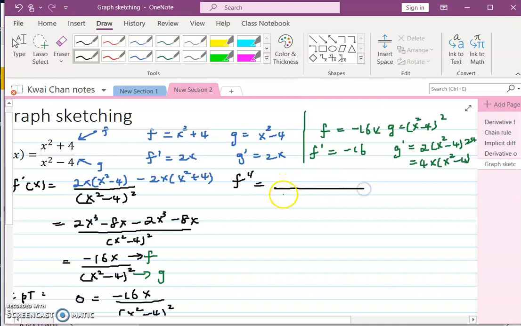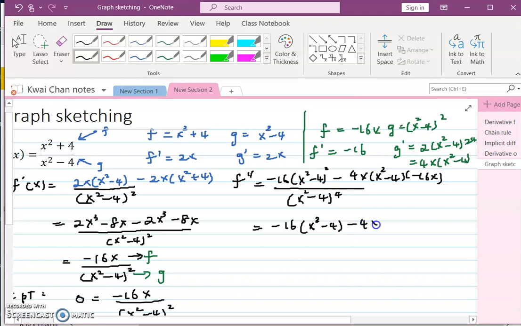Okay, so f double prime would be, let's do f prime g minus f g prime. In the worksheet, I actually give you this, the (x squared minus 4) to the 4th power in the denominator, and then f prime g will be negative 16 (x squared minus 4) squared, minus f g prime, which is 4x (x squared minus 4) times negative 16x. Then all of them have an x squared minus 4, so I'll simplify it. So it turns out that it will be negative 16 (x squared minus 4) minus 4x squared.